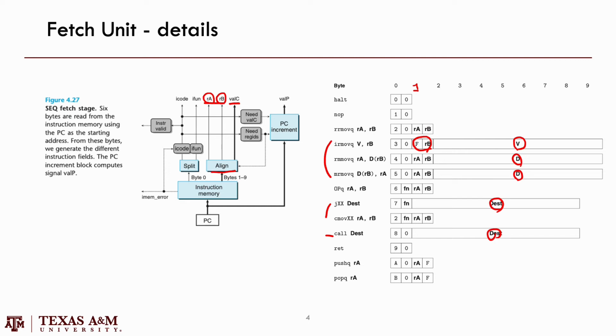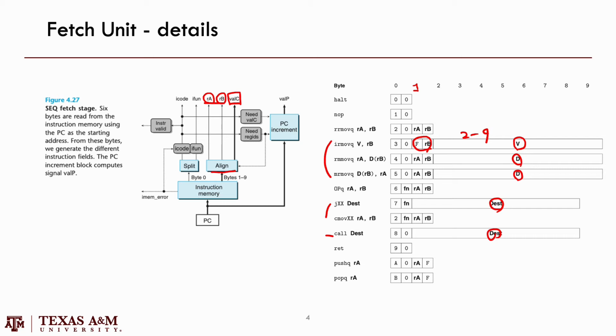It is natural to read the second byte and put it in rA. And then when we read the later 8 bytes, from byte 2 to 9, they will be naturally stored in valC.